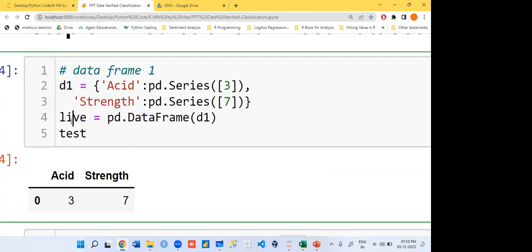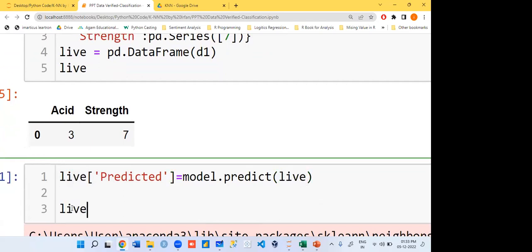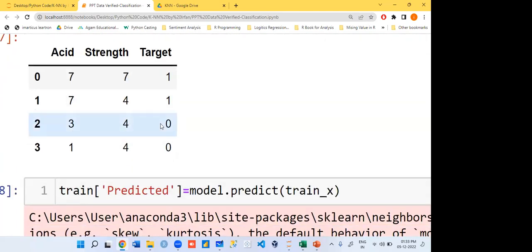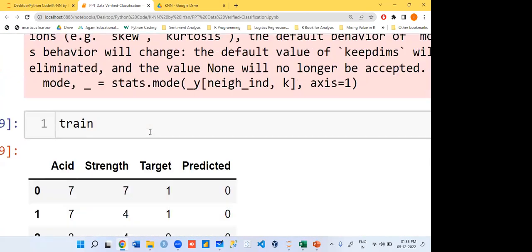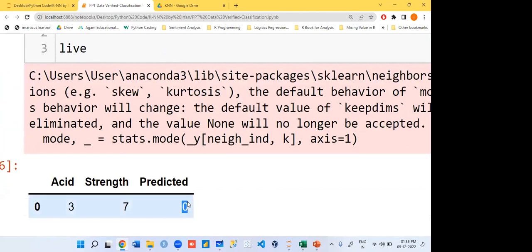It's the same, right? Process it. What is the prediction we get on pen paper, guys? Good. What is the coding of good in our case? 0. It matched.